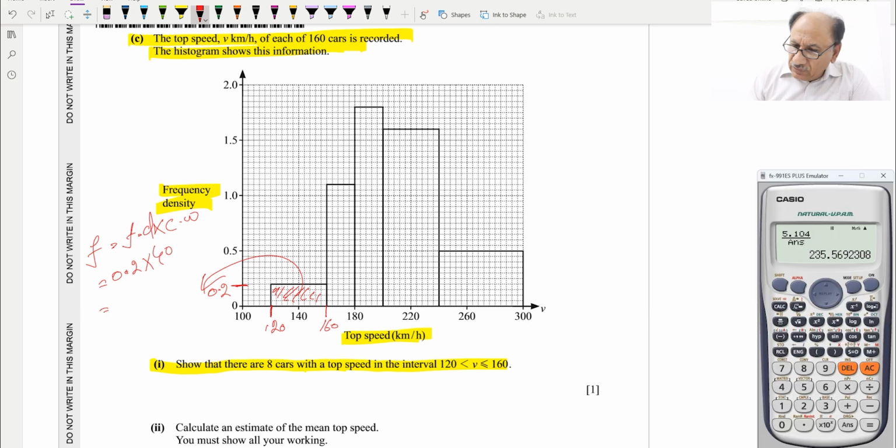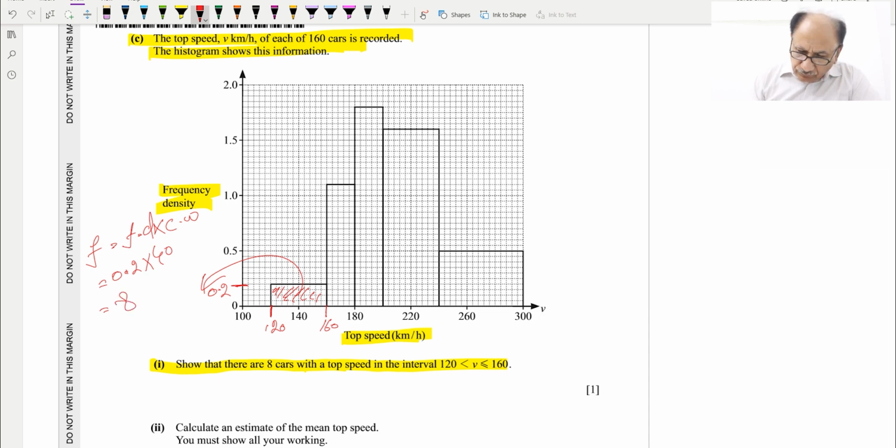If we check this, 0.2 into 40 is equal to 8. So for this 1 mark question, we have shown that this is 8. So we can write here 0.2 working. I have already provided it, but I'm just writing it for your understanding.